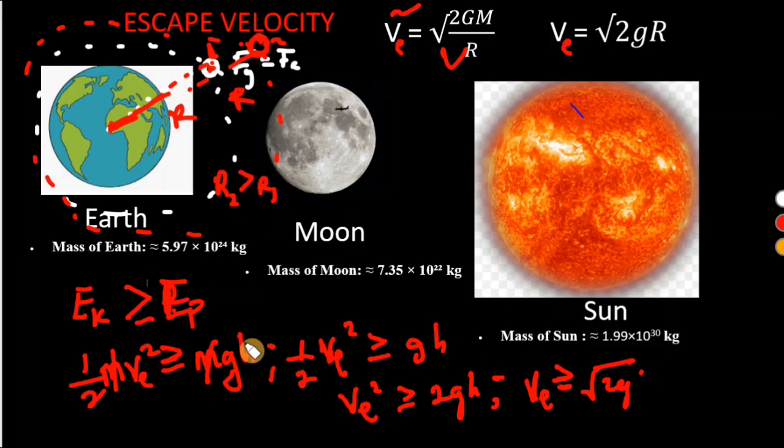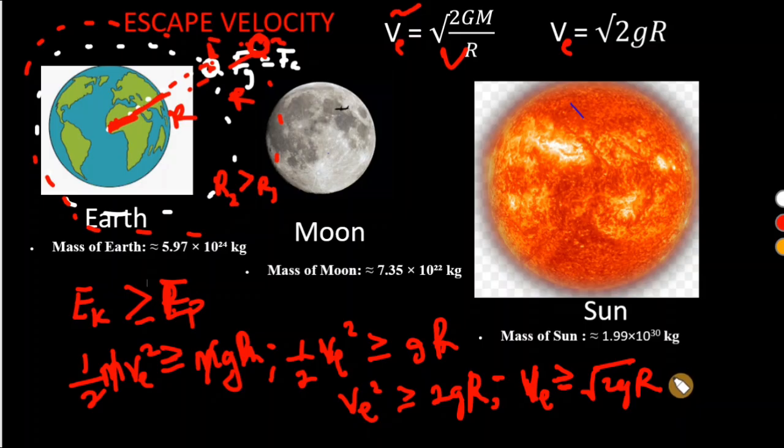In this case, it will be our r, because we are taking this to be reduced. This is r. This is r. This is r. So for this body to escape the gravitational pull of the Earth's surface, it should have velocity equal to or greater than the square root of 2gr.